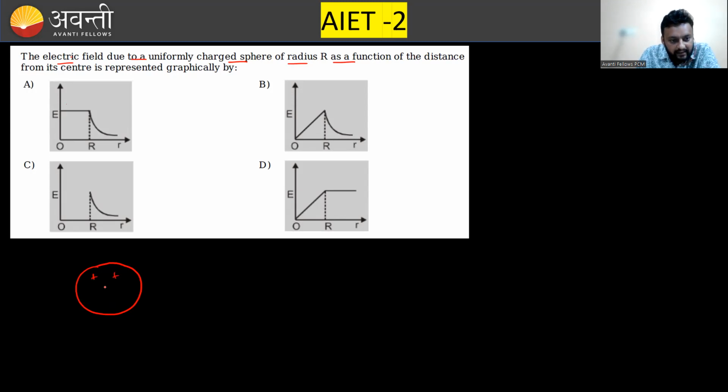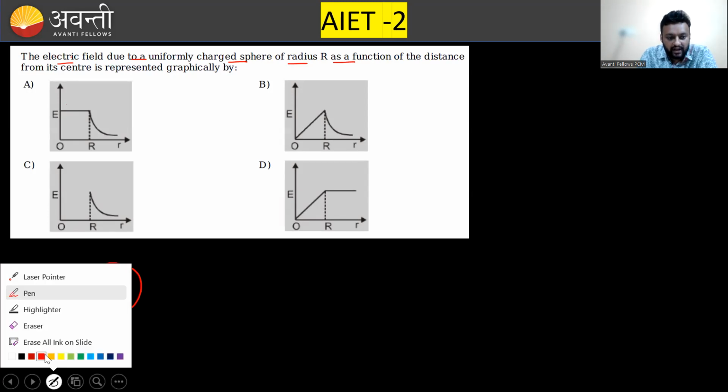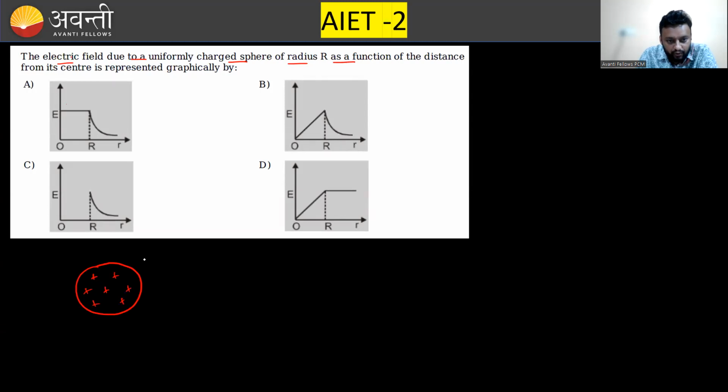Let's suppose this charged sphere has some total charge q, and charge density as rho. Clear? So what you need to discuss, what are the options? It says the electric field versus position graph we need to discuss. So there are certain possibilities, like this is the center and it has a radius r.